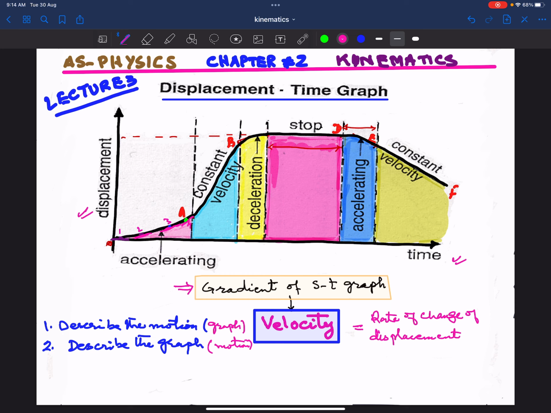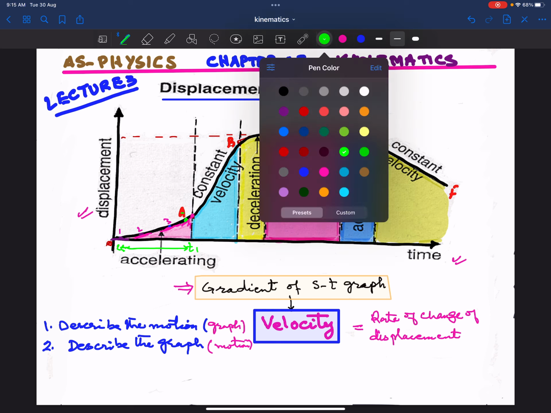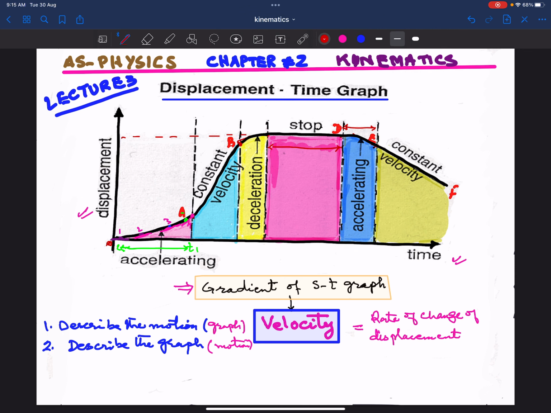So this is very important: when we are going from point O to A, and the time taken is t1, during this time interval the body is accelerating, so the velocity is continuously increasing. Now from point A to point B, this part of the graph is almost a straight line.